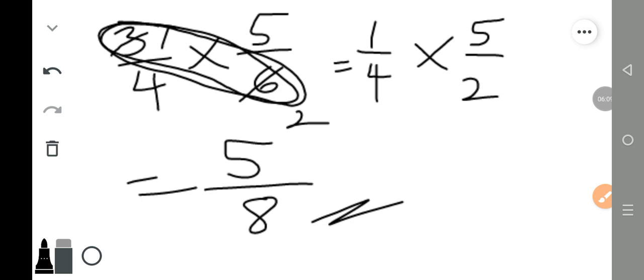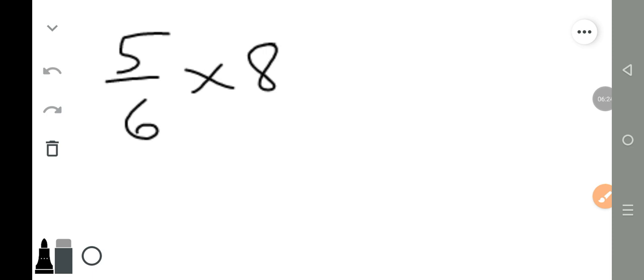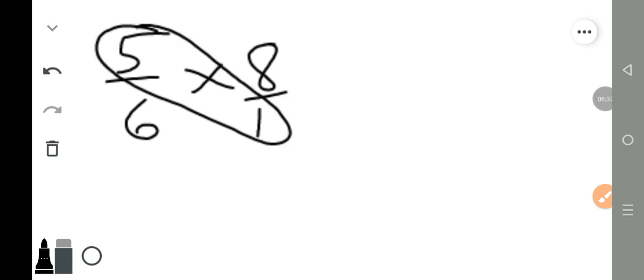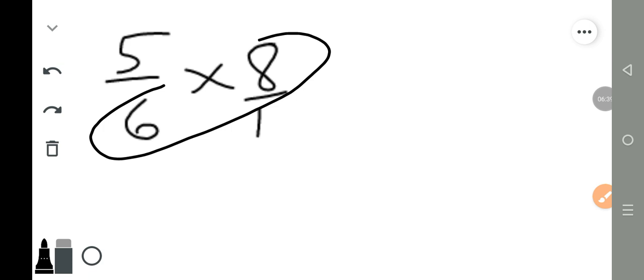Now let's try it with another question again. That question will be this: 5 all over 6 times 8. Now 8 is also the same thing as 8 all over 1. Let's not forget, anything that is a whole number is also divided by 1. And now we want to solve this. This and this, there's no common factor there, so that will not work. Now 6 and 8 have a common factor, 2.